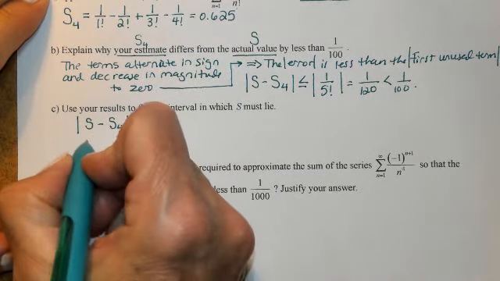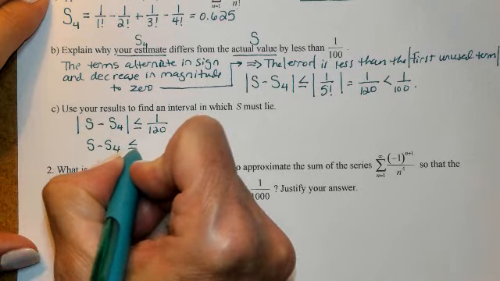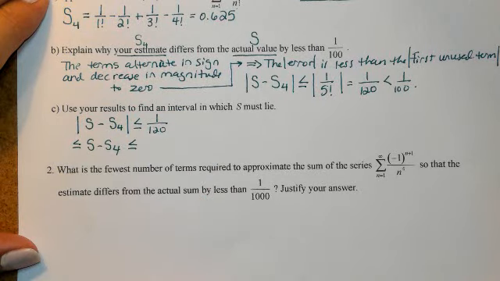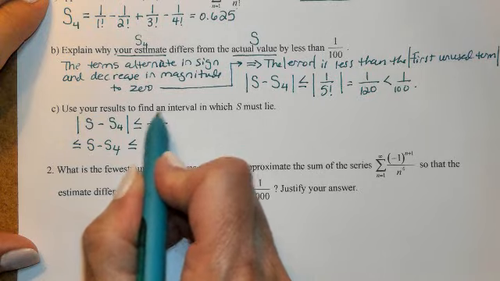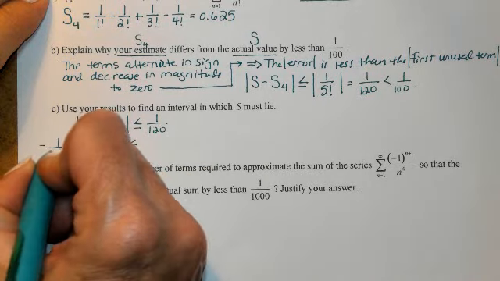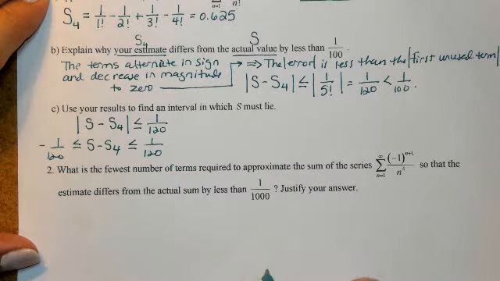Okay? So S minus S sub 4 must be between the positive and negative of whatever is here. So negative 1 over 120 and positive 1 over 120.